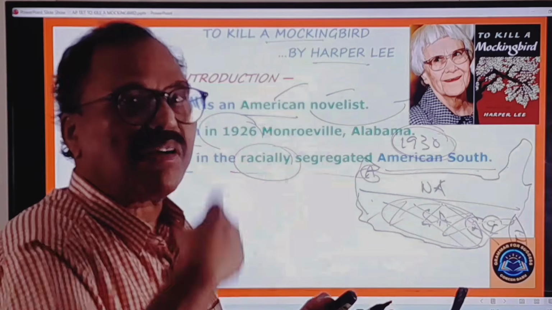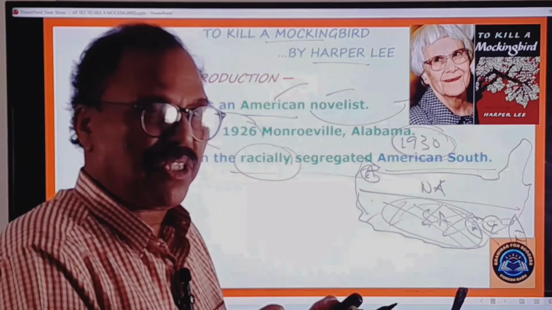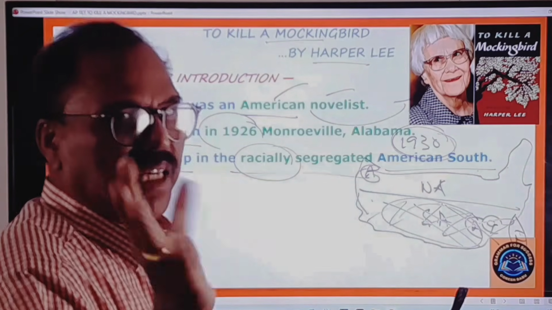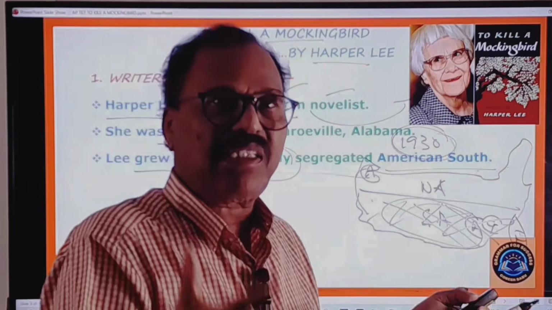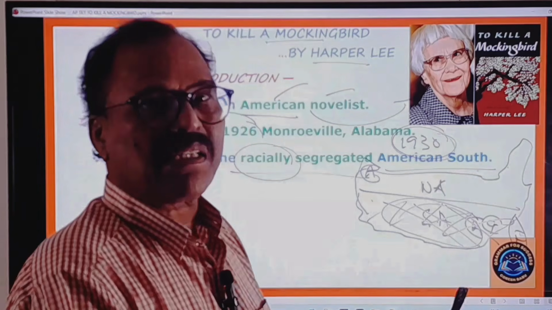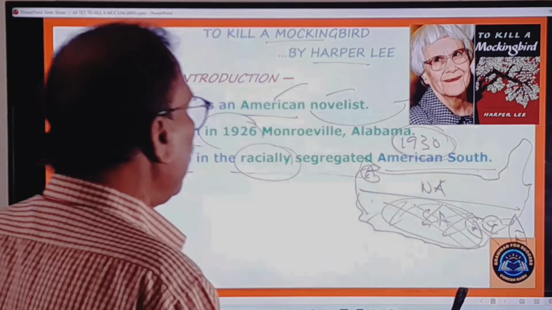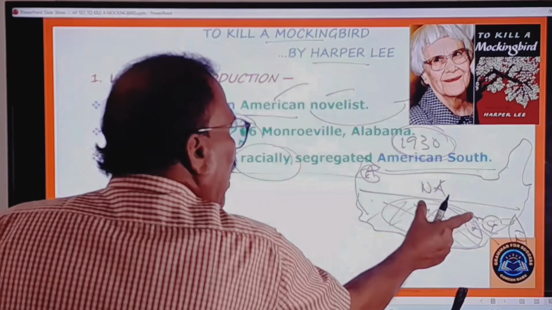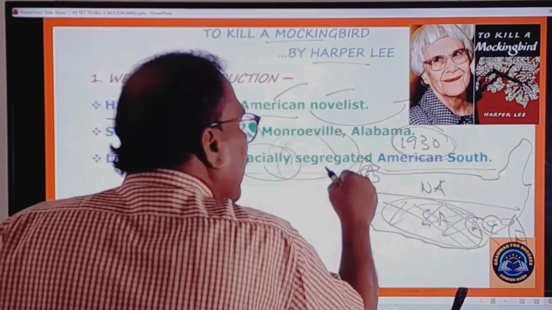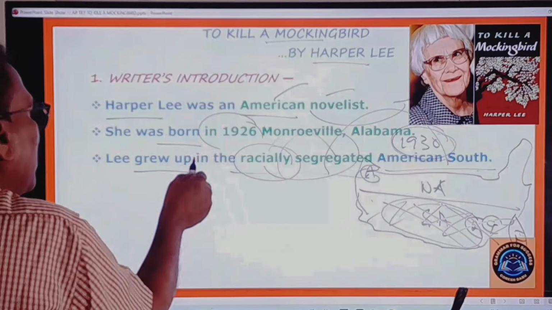In the heart of hearts, they have that racial discrimination, but they don't exhibit it openly or publicly. They generally don't talk to the black people, so that is their nature. So in that way they maintain some kind of racial discrimination. So in that way, this Southern America was racially segregated. In that racially segregated Southern America, she grew up.